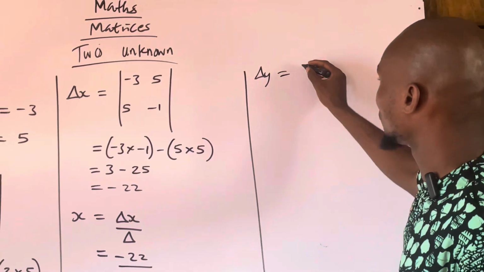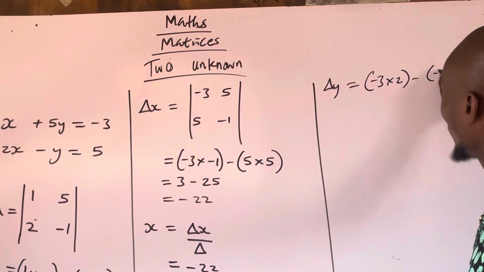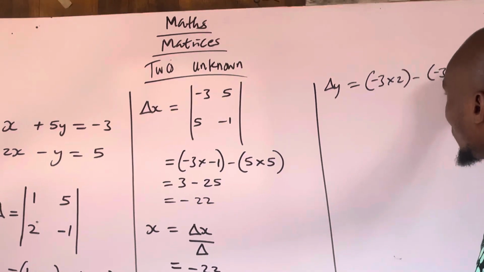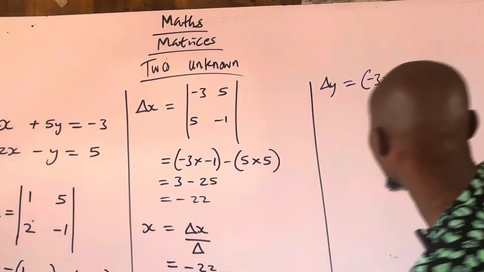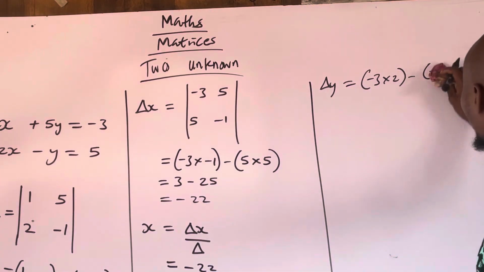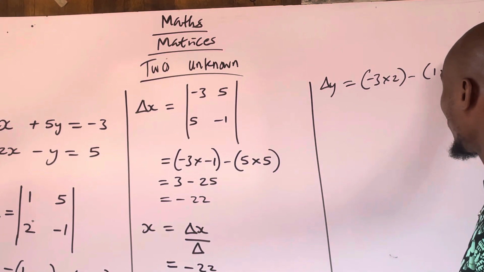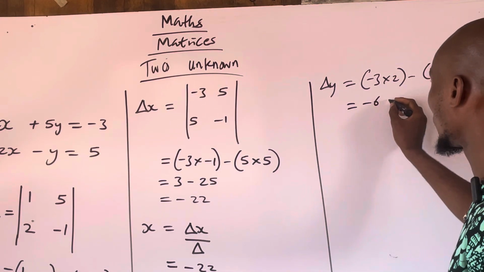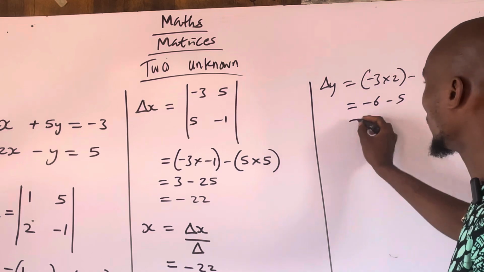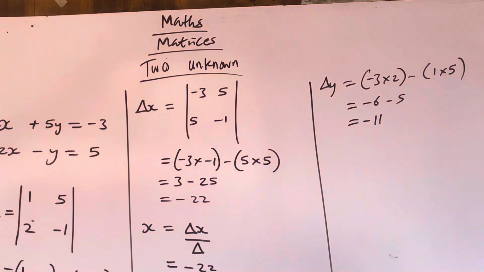So this will give us minus 3 times 2 minus bracket 1 times 5. So we're going to have minus 6 minus 5, and this will give us minus 11. Is that correct?